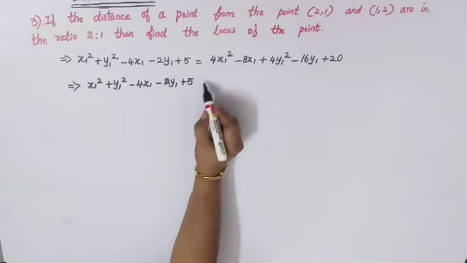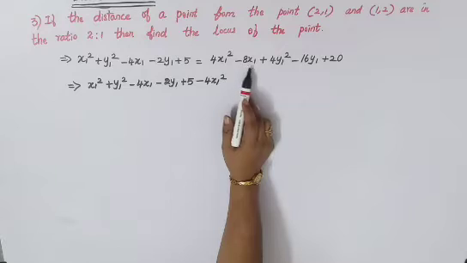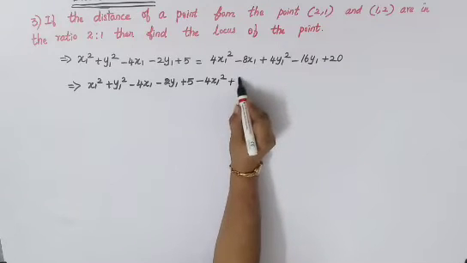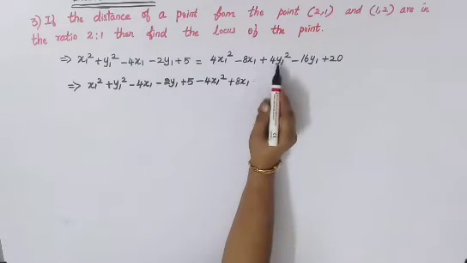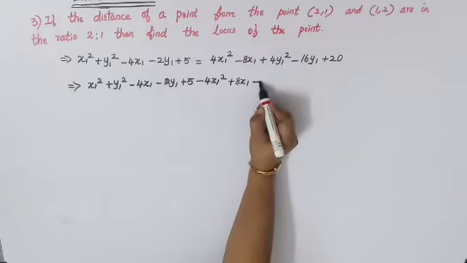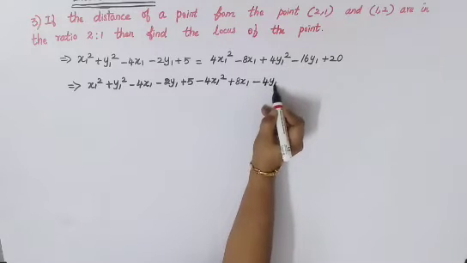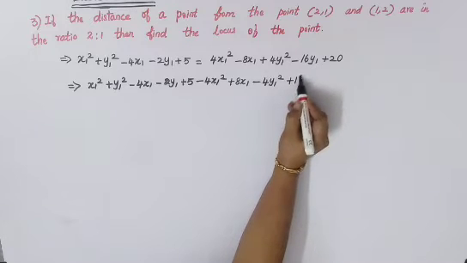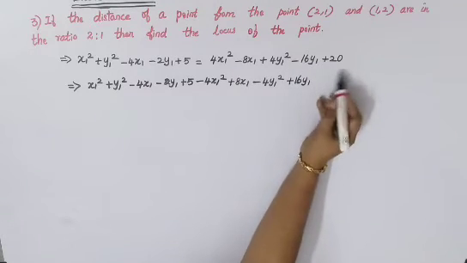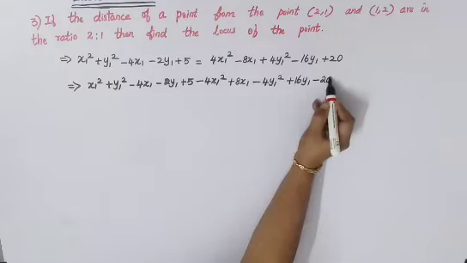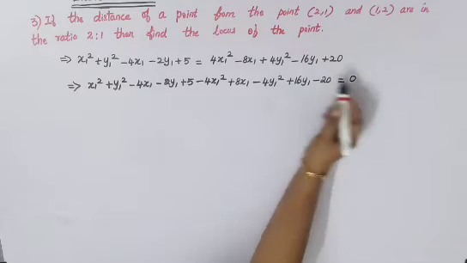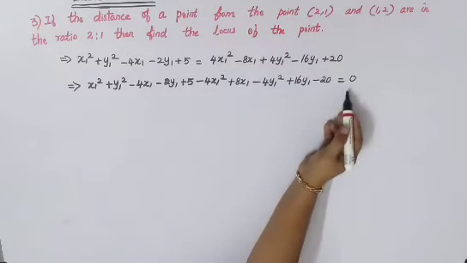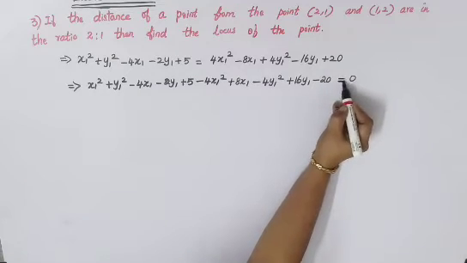So 4x1 square will become minus 4x1 square, minus 8x1 will become plus 8x1, plus 4y1 square will become minus 4y1 square, minus 16y1 will become plus 16y1, plus 20 will become minus 20, which is equal to 0, because you have taken all the terms towards the left hand side, so the right hand side will become 0, okay.